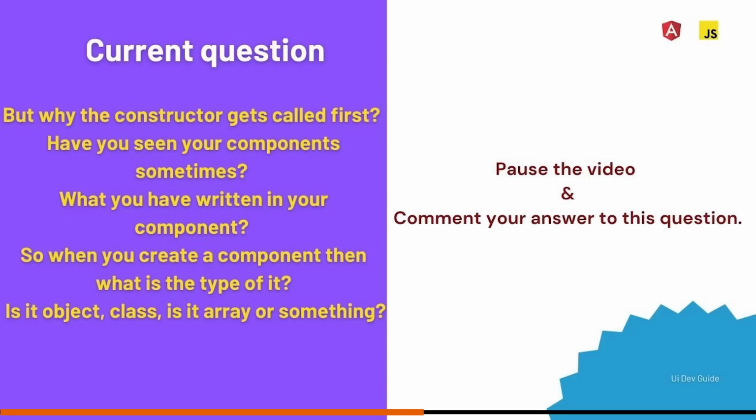The class is there. If you know C or C++, you can remember: when you create a class, your constructor gets called automatically every time. It is not an Angular thing, it is a JavaScript thing. Anywhere you create a class, your constructor gets called first, to initialize your class variables and all.